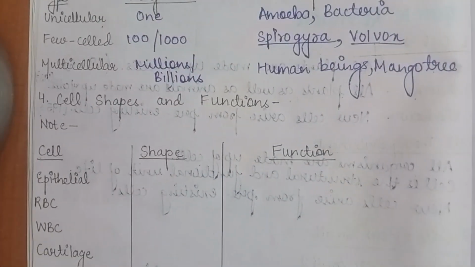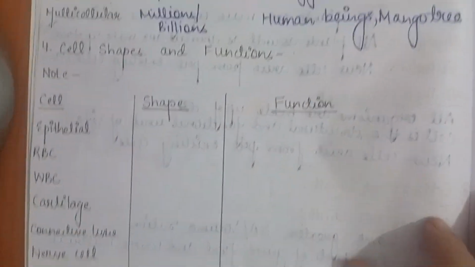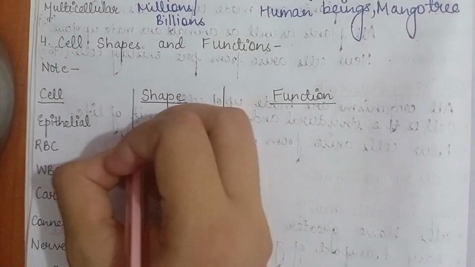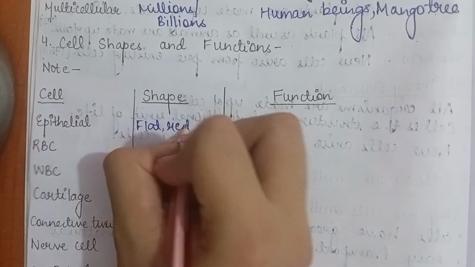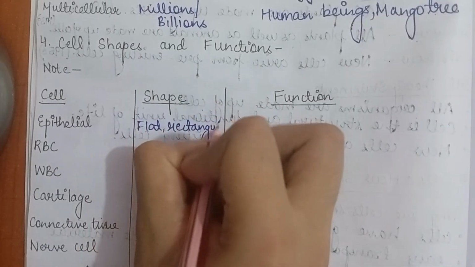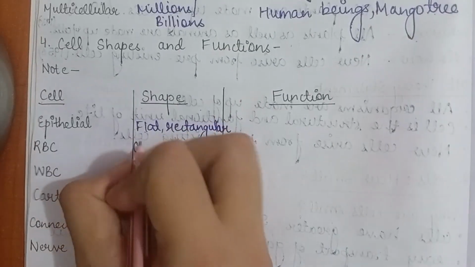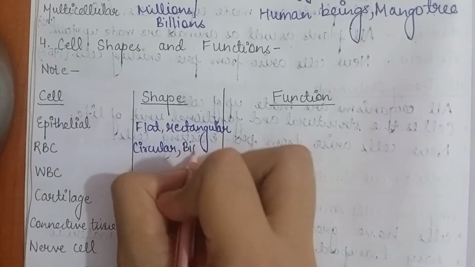Okay, now let's revise the last topic, cell shape and function. So epithelial cell has shape flat and rectangular. Then red blood cells are circular and biconcave.